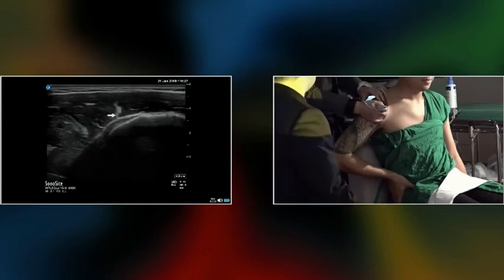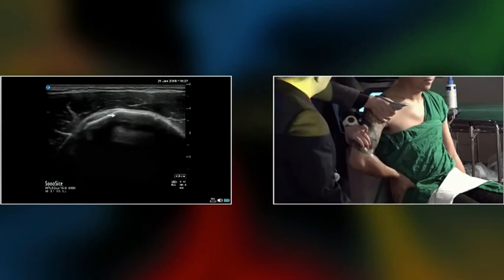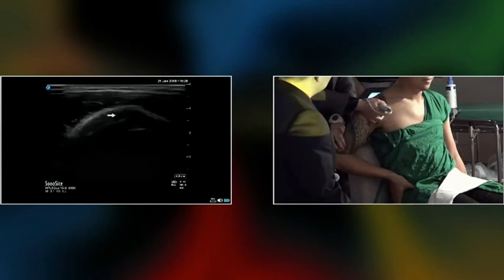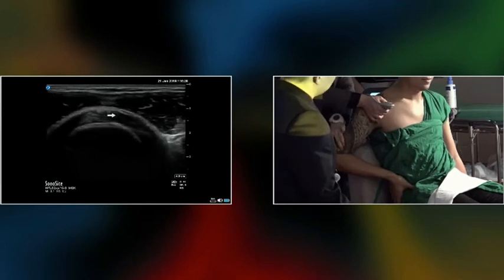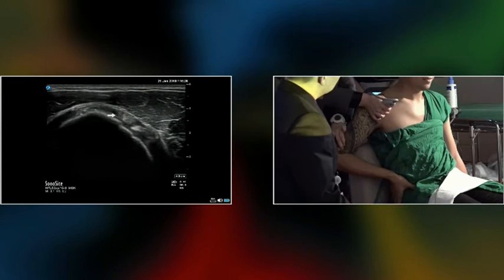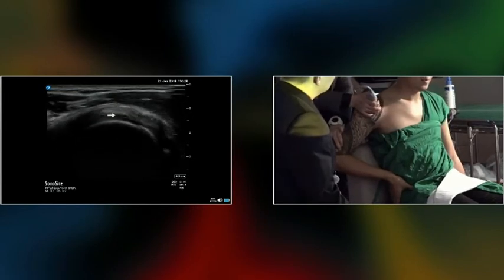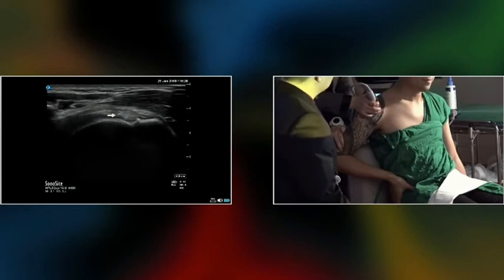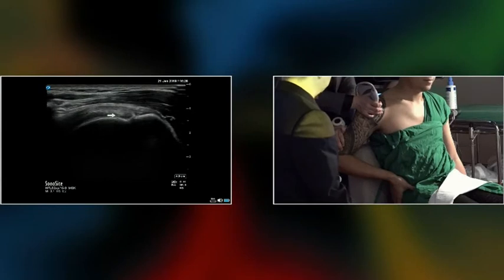So you would like to see him moving like this and backward, and see whether there is any stickiness or thickening along the whole supraspinatus tendon. So can you see? This is exactly the point where it inserts to the humerus.